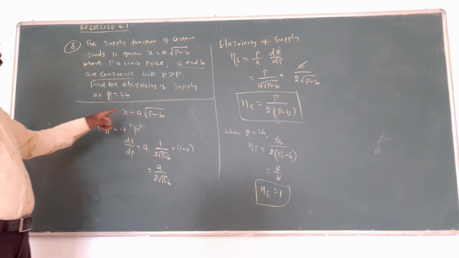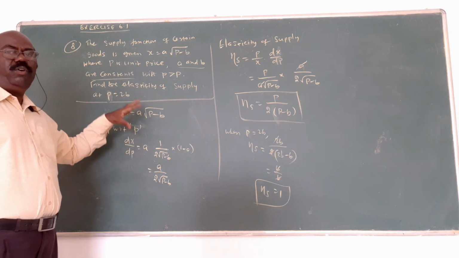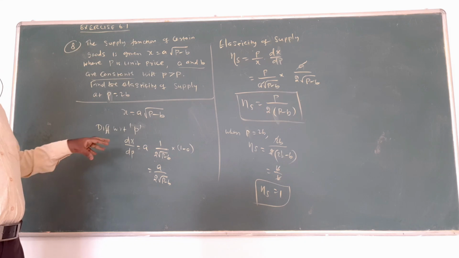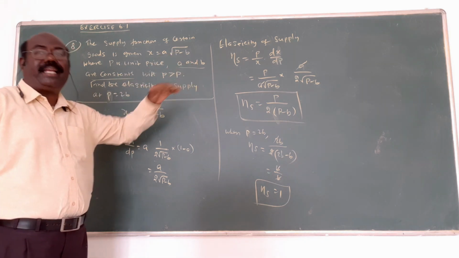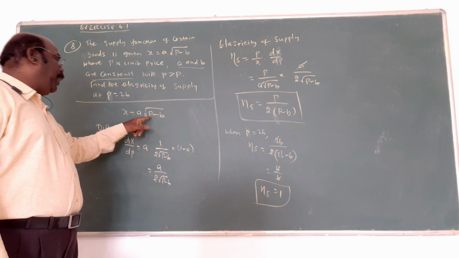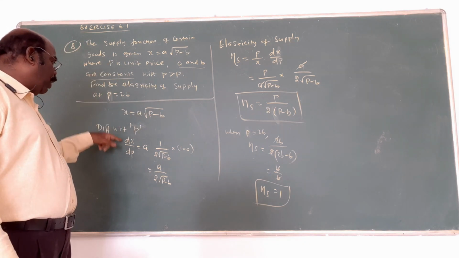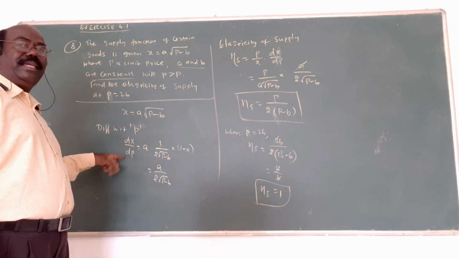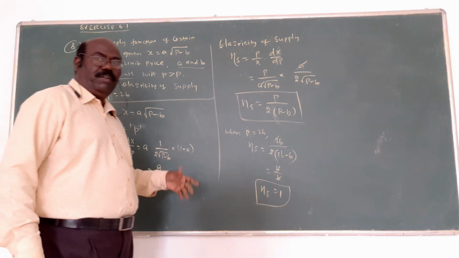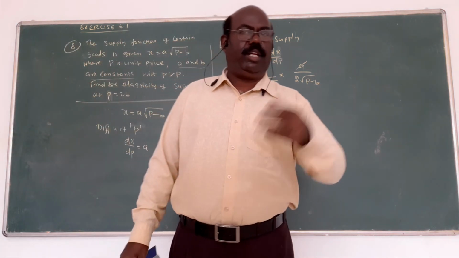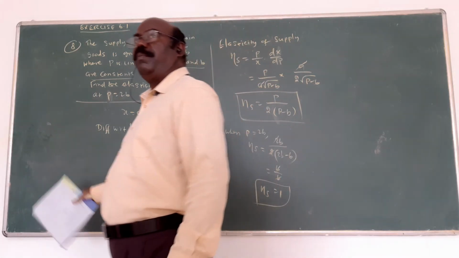But here, small a, small b, small x, small p are involved. Four quantities are involved. Out of these four, a and b are constants, and x and p are variables. Since x is in terms of p, that's why we take dx by dp. That's very important. Usually y in terms of x is easy for you, but here there are many letters.